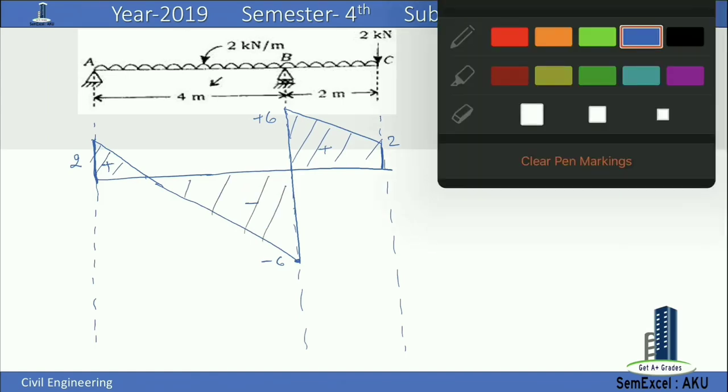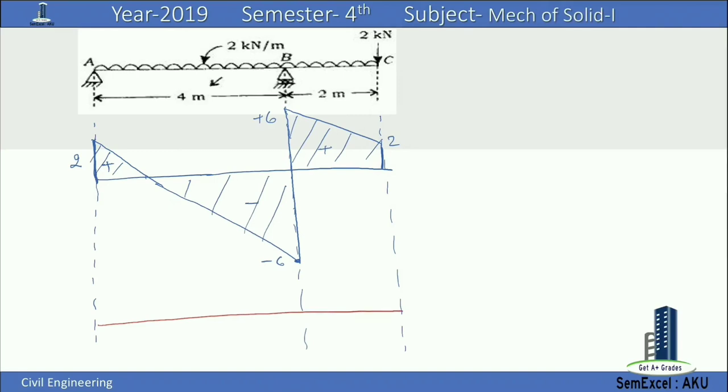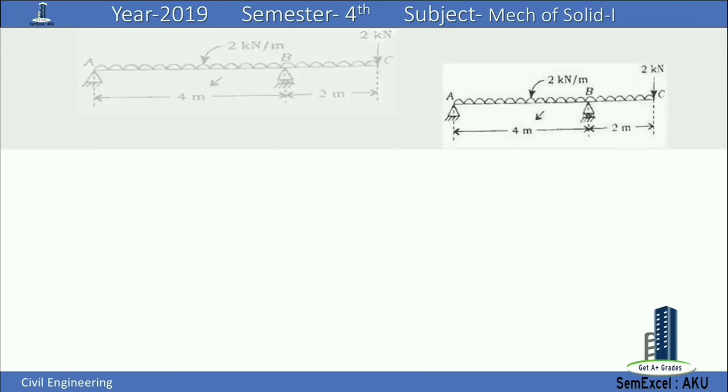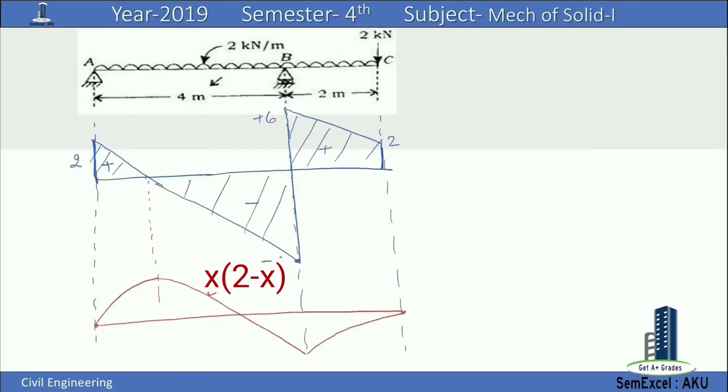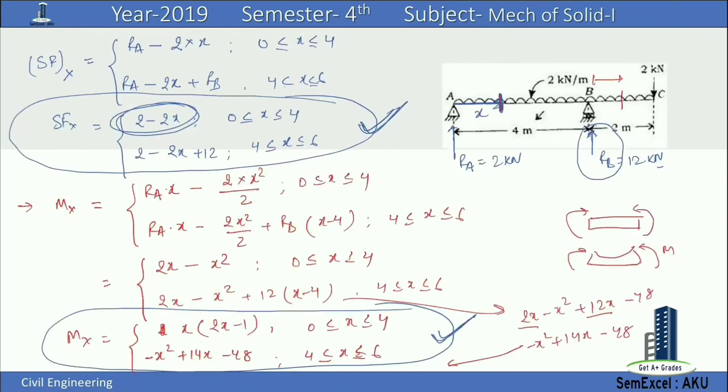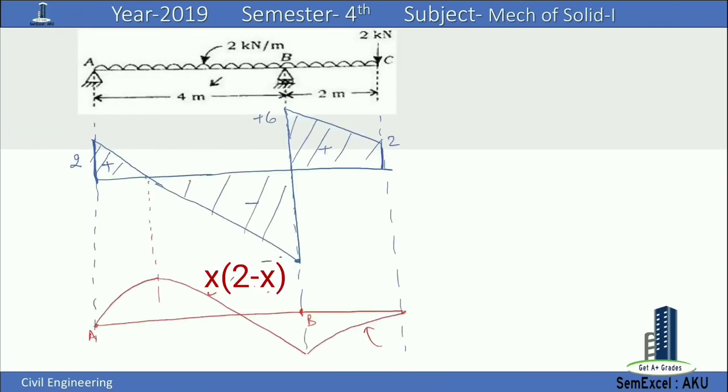Then we will draw the moment diagram. The equation for this line is x into 2 minus x, if x is between 0 to 4, and the equation of this one is minus x square plus 14x minus 48.